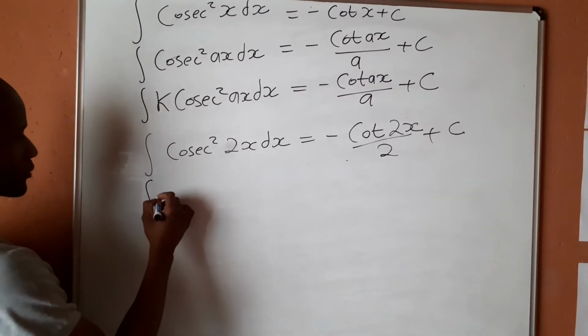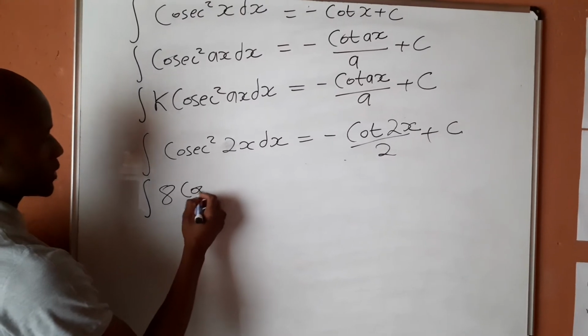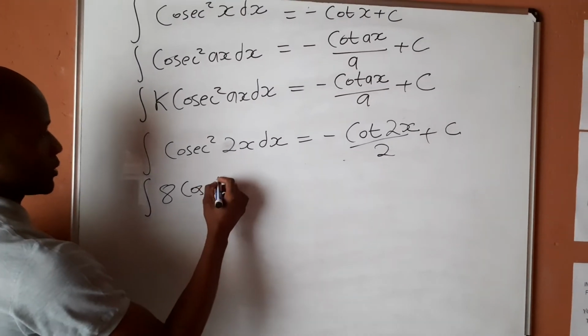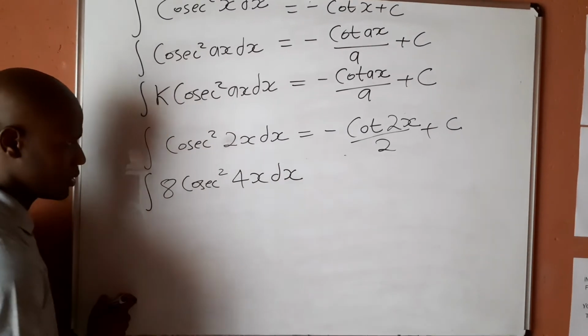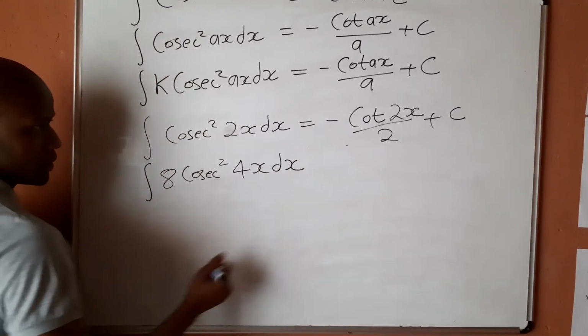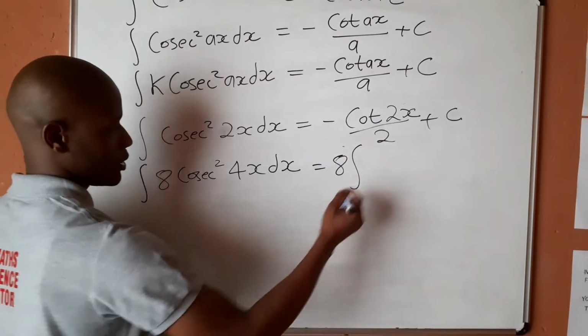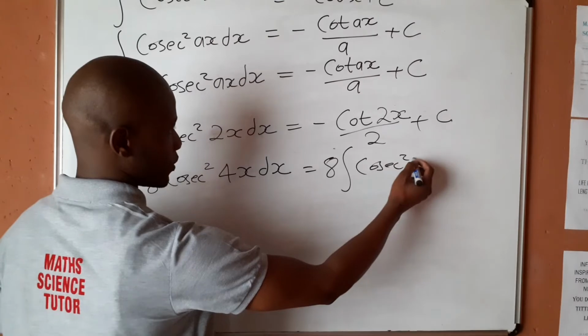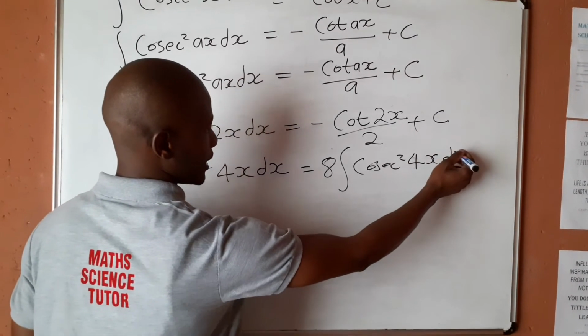Integrate 8 cosec squared 4x dx. We're going to take 8 out as a common factor: 8 integral cosec squared 4x dx.